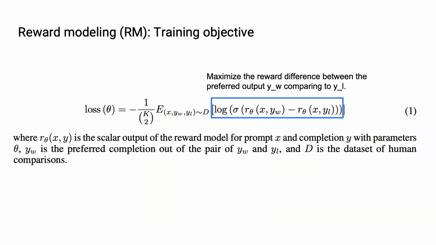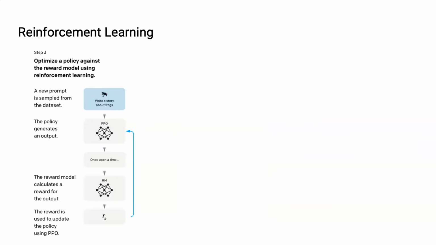Okay, if not, then we can continue. Next is reinforcement learning. Right now we have two models already. One is the supervised fine-tuned instruction model, and the other is the reward model that can evaluate outputs. In the beginning, we sample a prompt from the datasets, and the policy model generates the output.